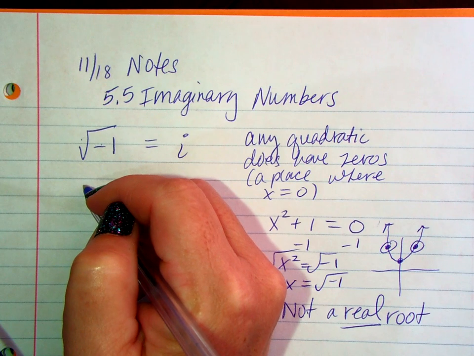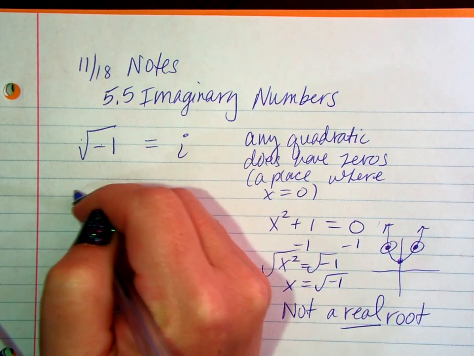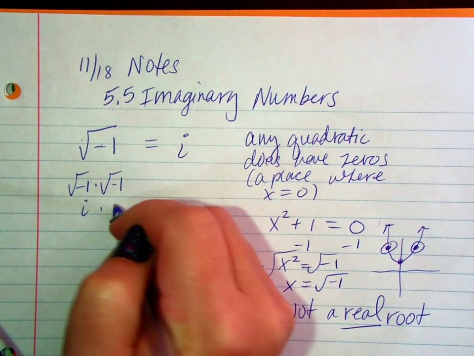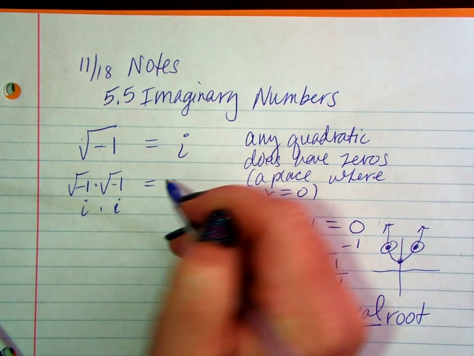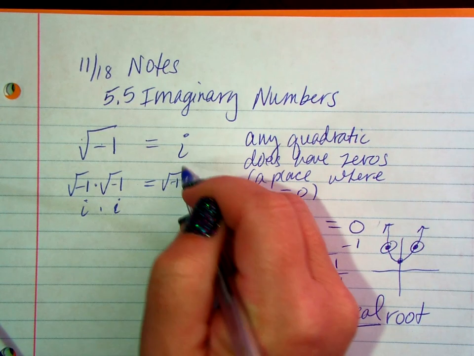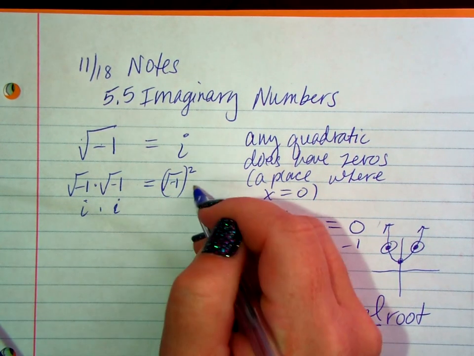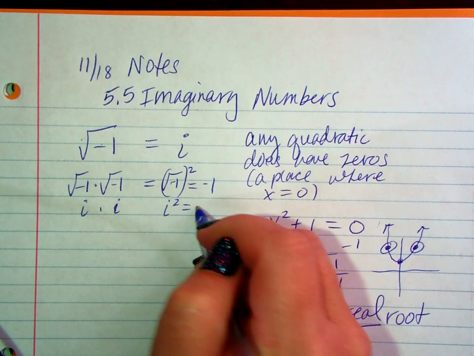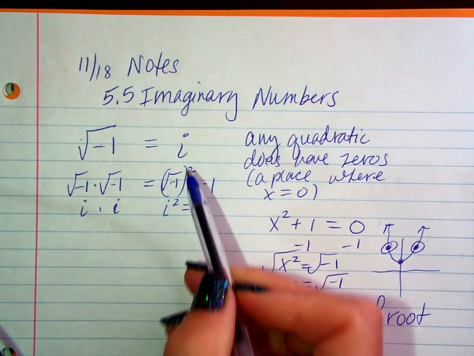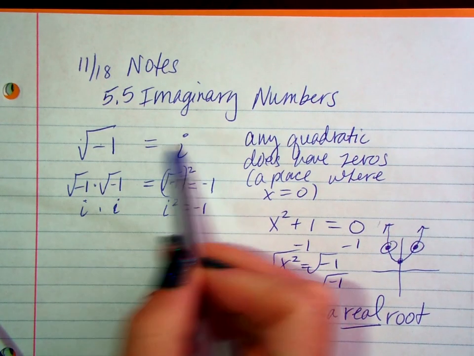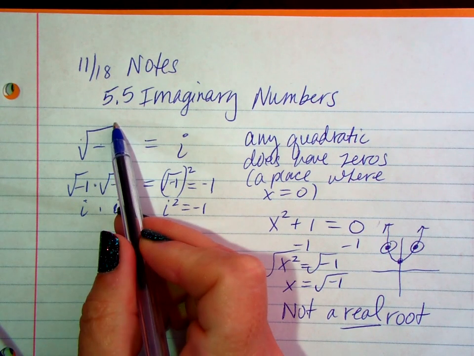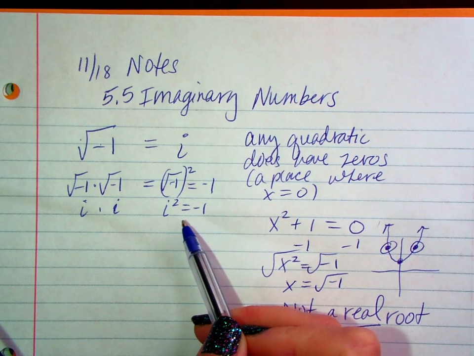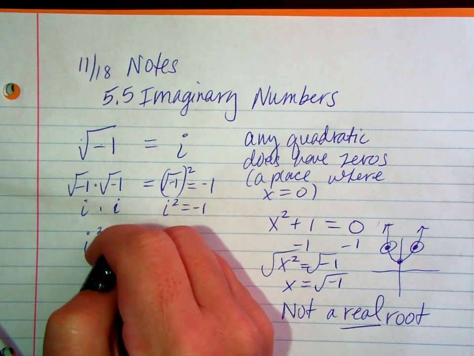For example, if we said I squared, that would be the square root of -1 times the square root of -1, or I times I. So we realize that the square root of -1 squared is just equal to -1. So we can say that I squared is equal to -1. So far we have two definitions. I equals -1 square rooted, and I squared equals -1. Well, let's go do I to the third.